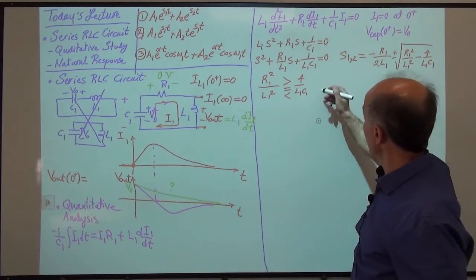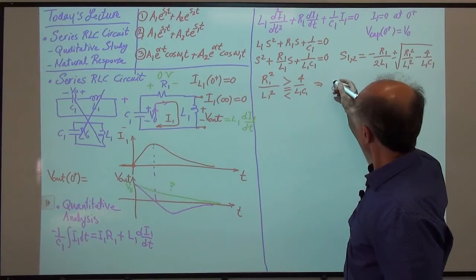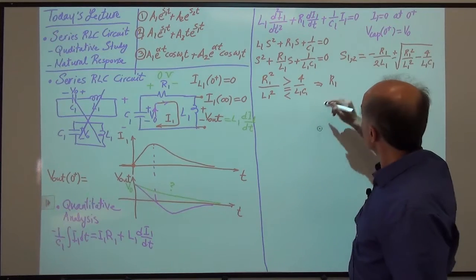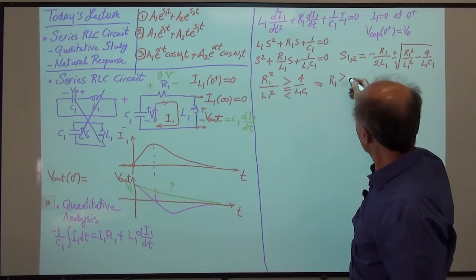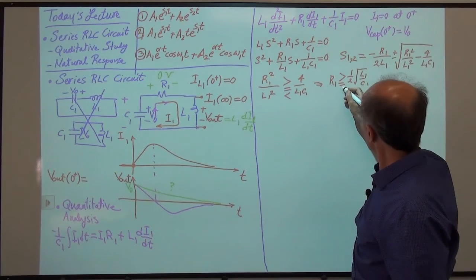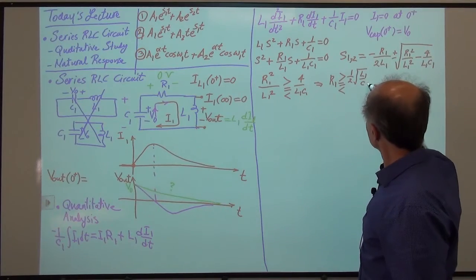If you simplify this, we get something like that. So I'm going to do this very carefully, okay? So R1 is greater than, equal to, or less than 1/2 of root L1 over C1.